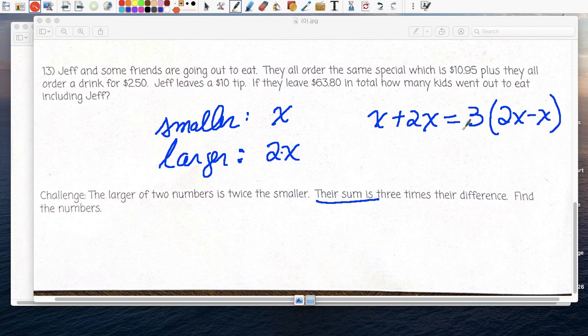Okay, the sum of the 2 numbers is the same thing as 3 times the difference. Let's see if I'm doing this correctly. So x plus 2x, I can combine these two, right? 3x. On the left side. On the right side, I am going to do distributive property. 6x minus 3x.